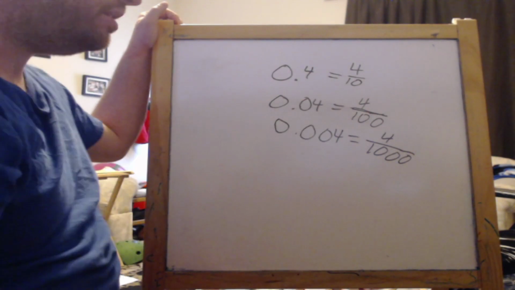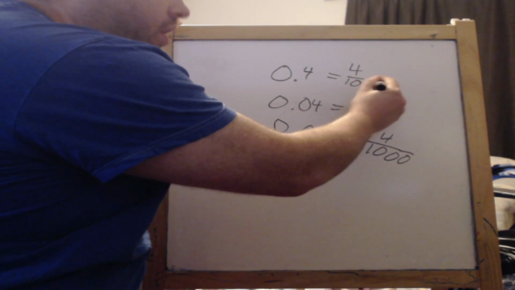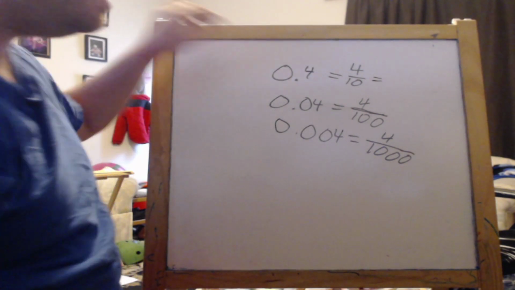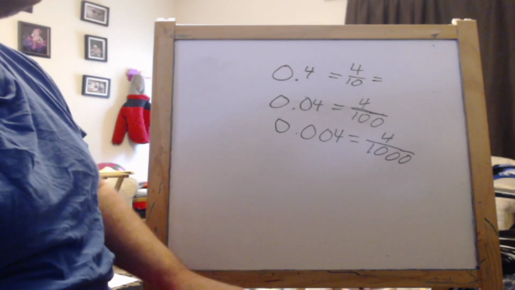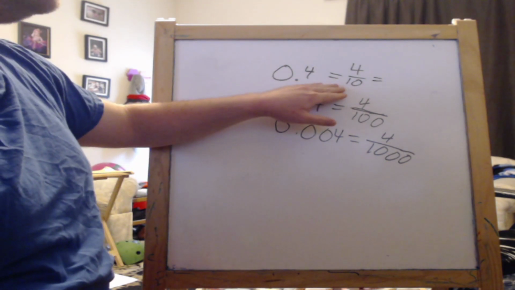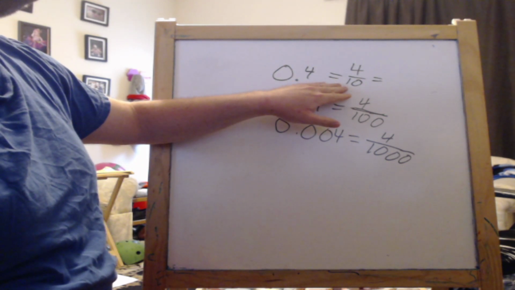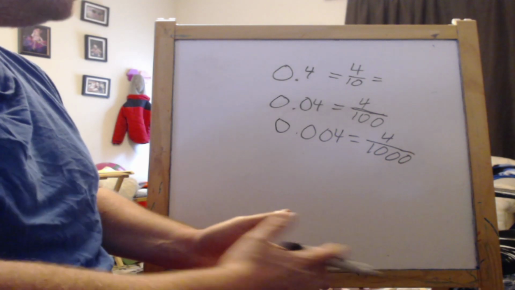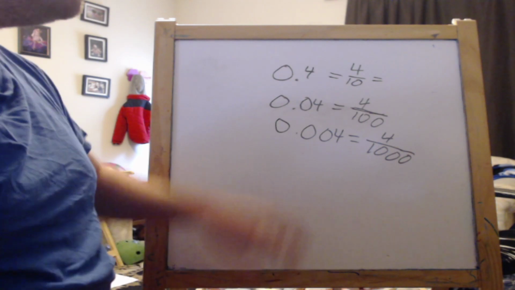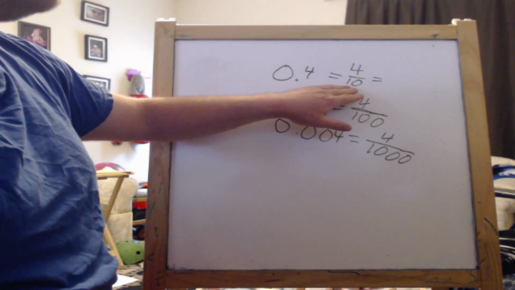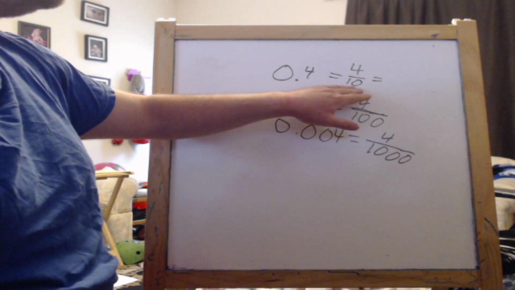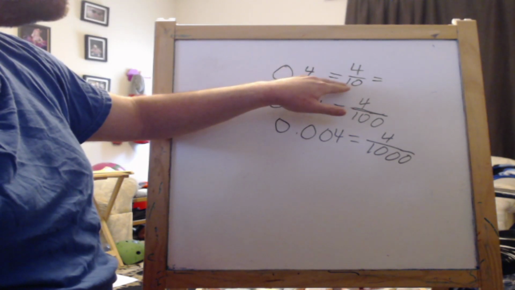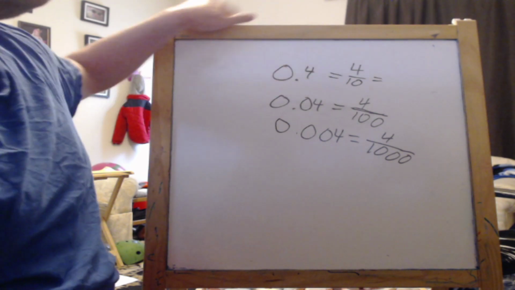Anytime you see both numerator and denominator are even, you can immediately divide by 2 as a first step. You might be able to divide by larger numbers, but you always know that it's not in its reduced form if both numerator and denominator are even.